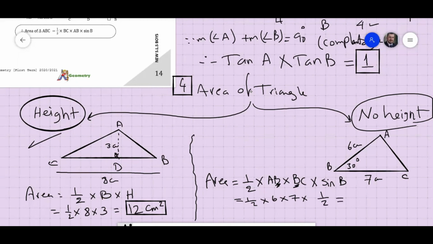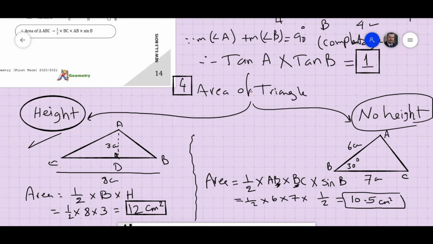If you calculate this on the calculator, we get 10.5 centimeters squared. Okay, this is remark number 4, and this remark is very important because we have a new rule to get the area of the triangle without height. To get the area of the triangle without height, I have to get two sides and the measure of the included angle between them.